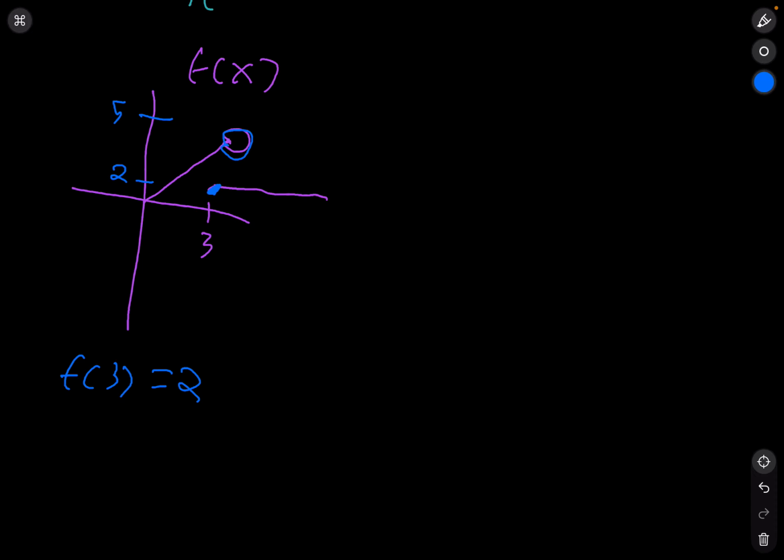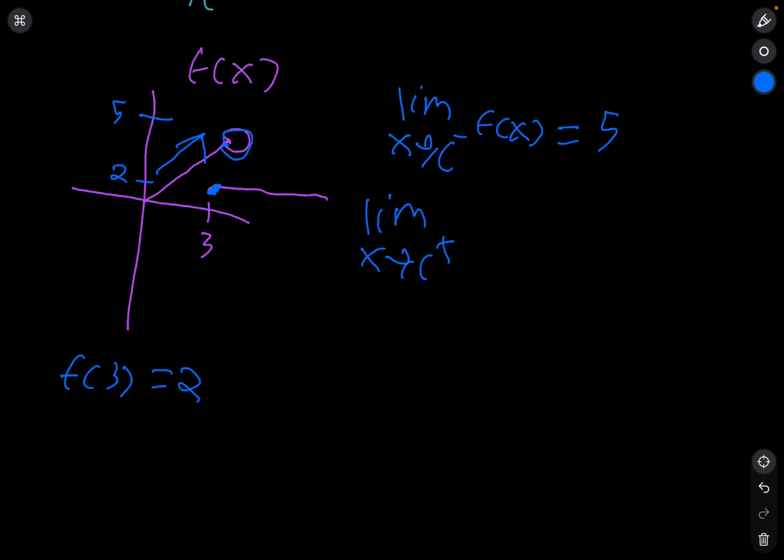But here's the tricky part. Let's find the limit of the function as it approaches from the left side. And from here we can see that we get 5, because this is the left side. And then we find the limit as x approaches 3 from the right side of f of x, which is equal to 2.